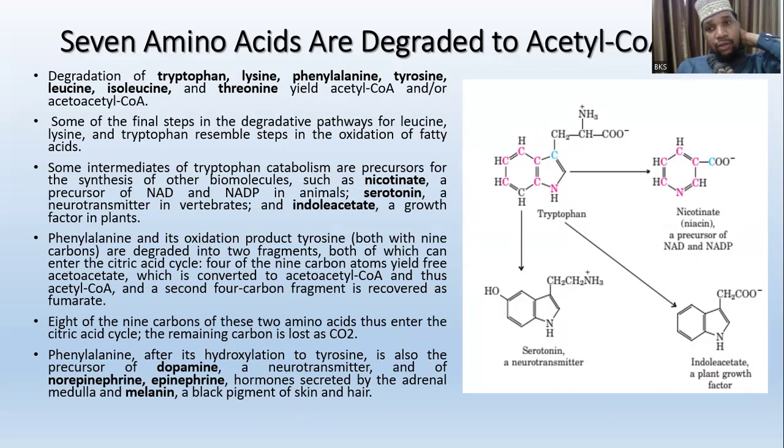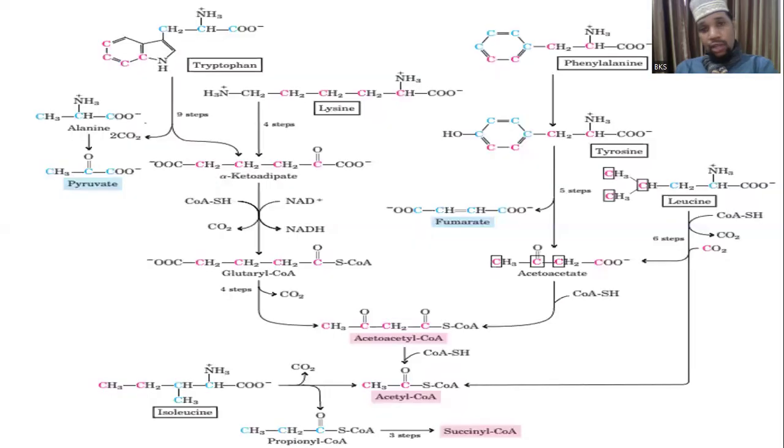For threonine, we've already seen, because threonine completely degrades to produce acetyl-CoA and glycine. And the glycine, we've seen how it is converted to serine, and serine converted to pyruvate. So we don't need to talk about threonine degradation. We'll see how the remaining component of tryptophan is converted down to lysine also. So let's go.